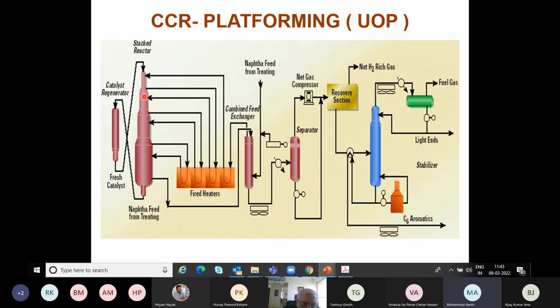After the journey through the second reactor, you withdraw the gas again, take it through the second interheater, and put it into the third reactor. The third reactor is slightly bigger than the second reactor, and there also the catalyst is moving down. Then once the gases exit the third reactor, you take out the gases and put them through another interheater and then pass them to the fourth reactor. And the catalyst is still moving down.